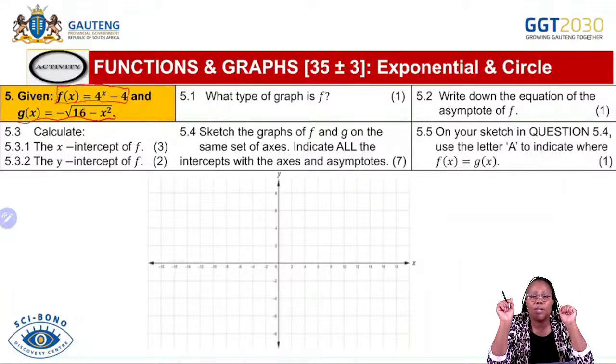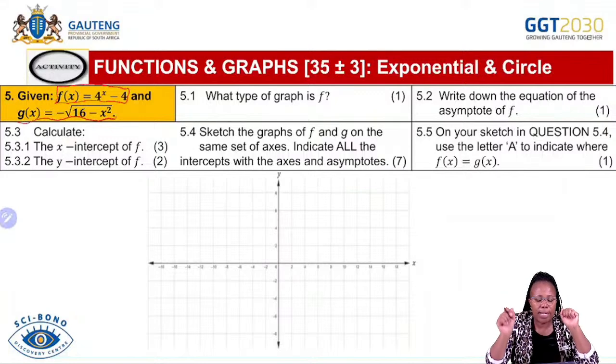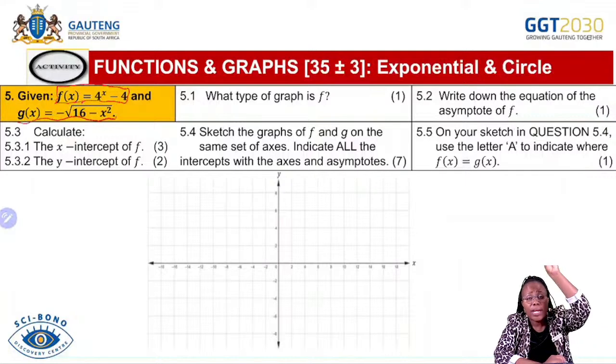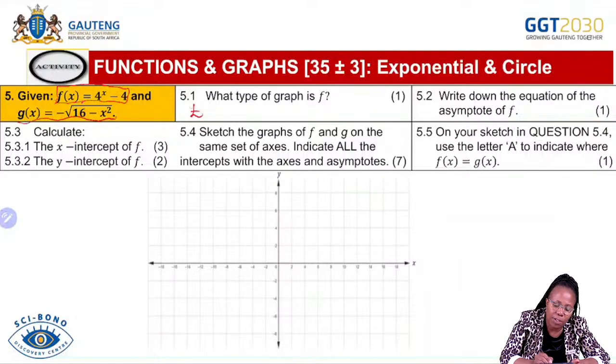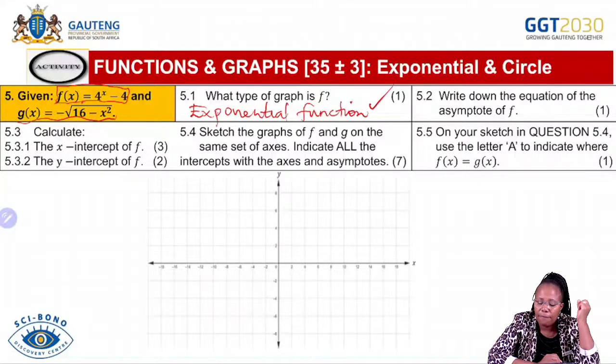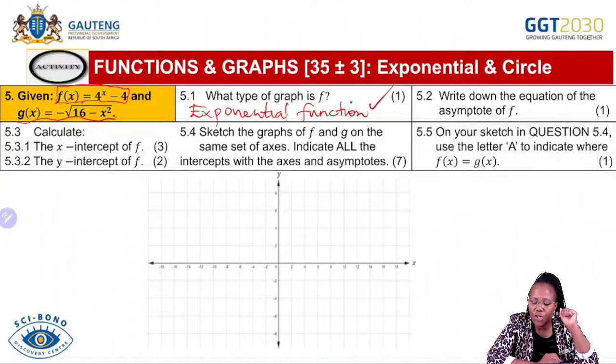Now we can attempt the questions. The first one says, what type of a graph is f? X is on the exponent, therefore it's an exponential function. 1 mark for that. Number 5.2, write the equation of the asymptote of f.